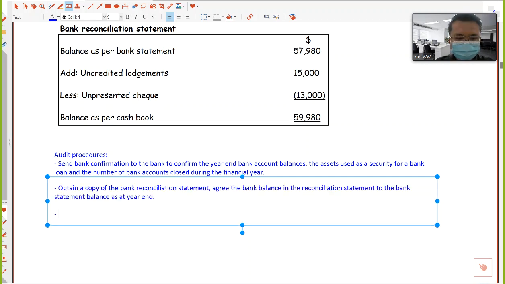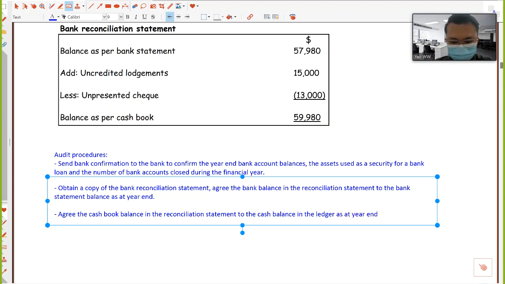Okay, you may also do the same thing for the cash book, right? Agree the cash book balance in the reconciliation statement to the cash balance in the ledger as at year end.